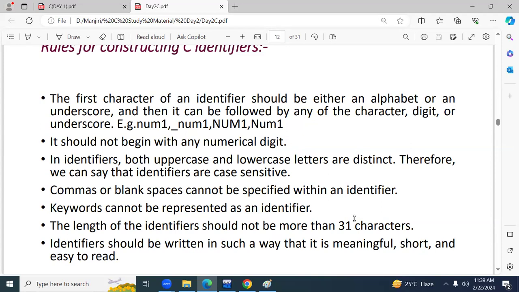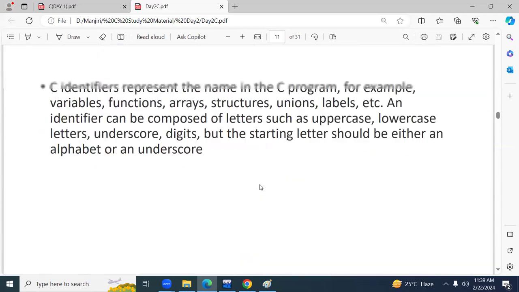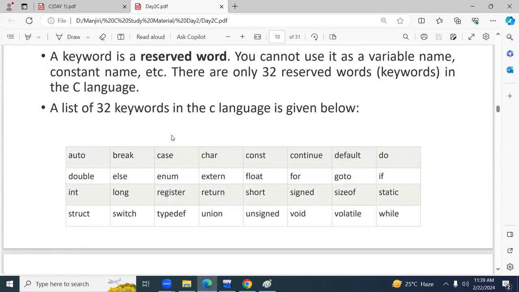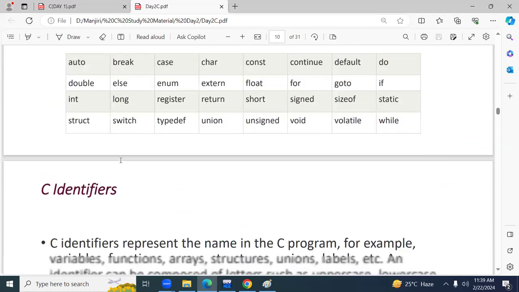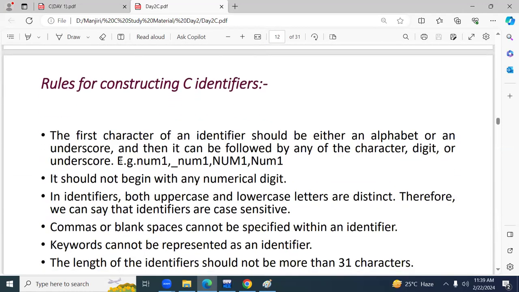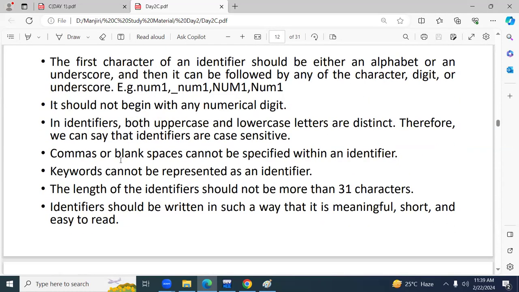One more thing, whatever these 32 keywords we have just seen in the table over here, those keyword names should not be used as your identifier. Identifier should not be keywords. Why? Because keywords already have some meaning. If you try to use them, sometimes one program will work, but some other program is not able to work.